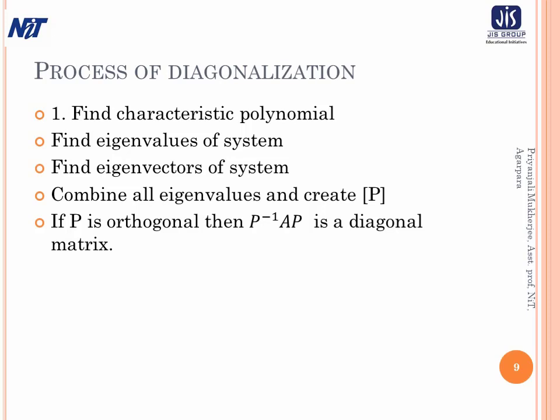Suppose a system matrix is of 2 by 2 order, then there will be 2 eigenvalues, and for each eigenvalue we will find an eigenvector. Then we combine all the eigenvectors corresponding to those eigenvalues and create the modal matrix P. And if this modal matrix P is orthogonal, then P inverse AP will be the diagonal matrix.